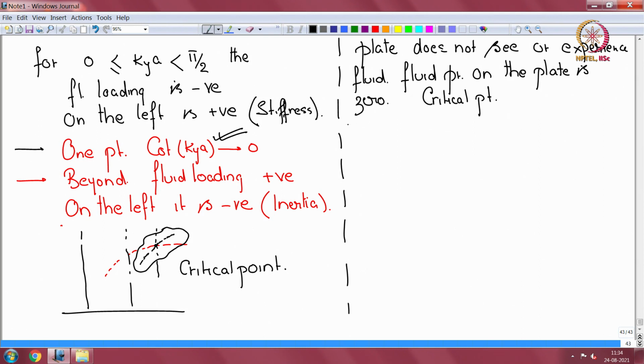But before that, this whole term which is minus cot kya by kya, which is part of the correction term or main contributor, how does it behave in frequency?